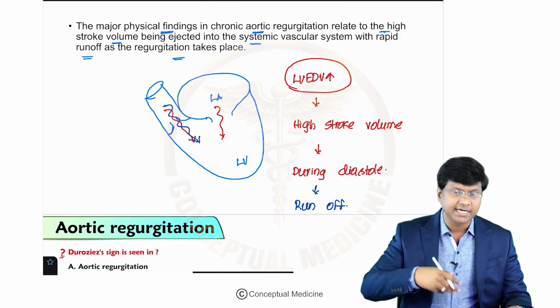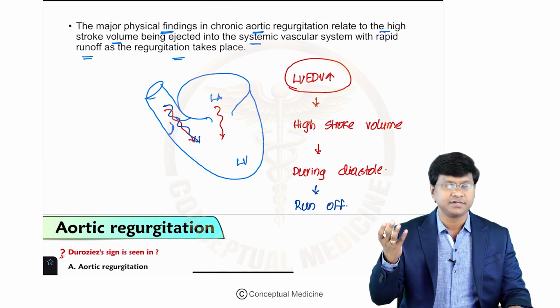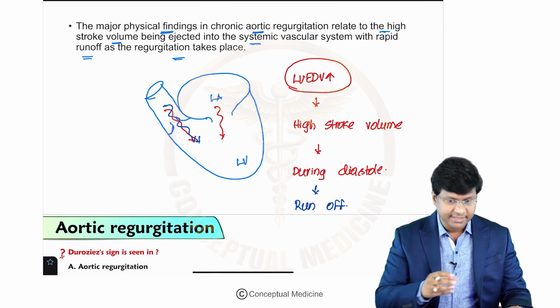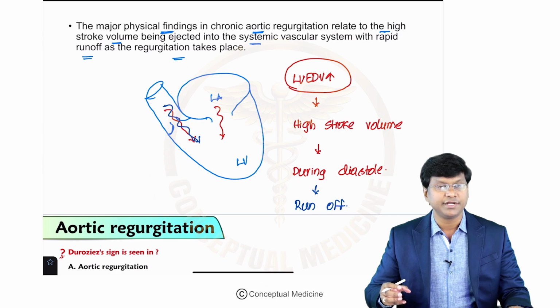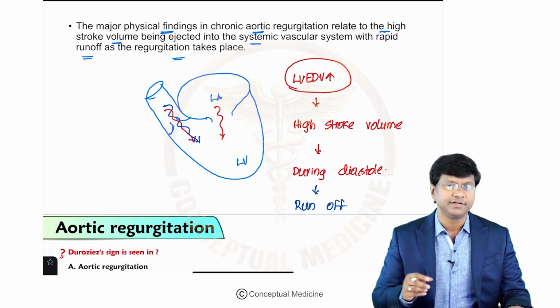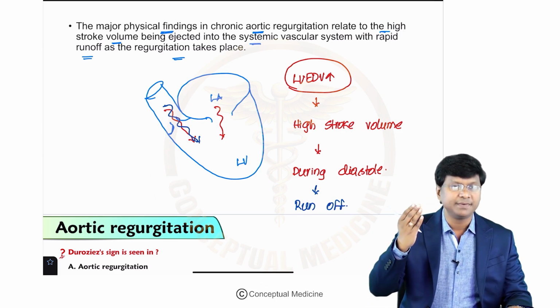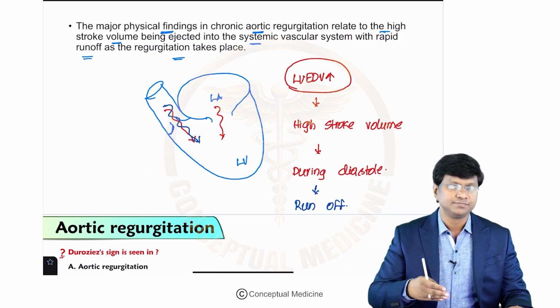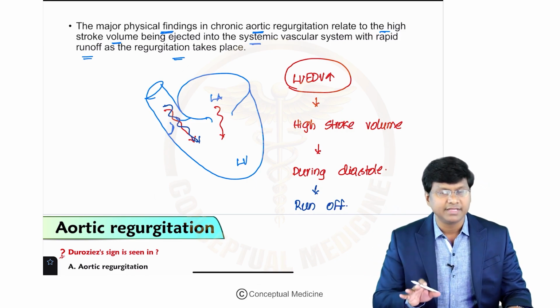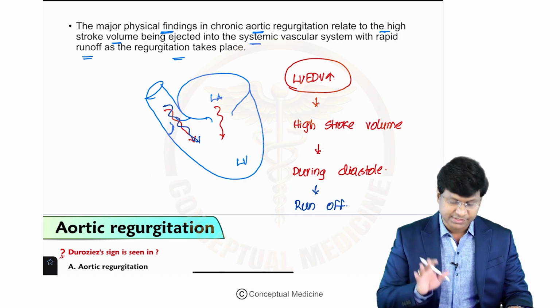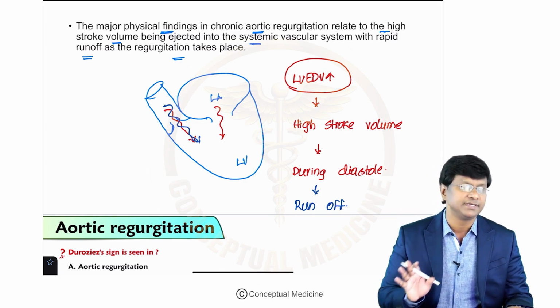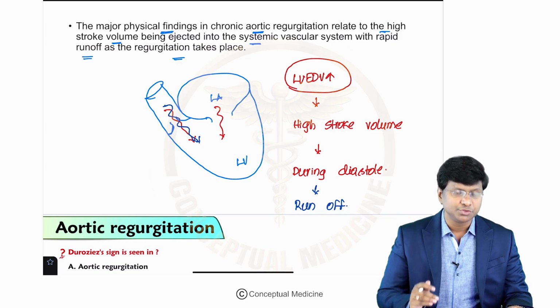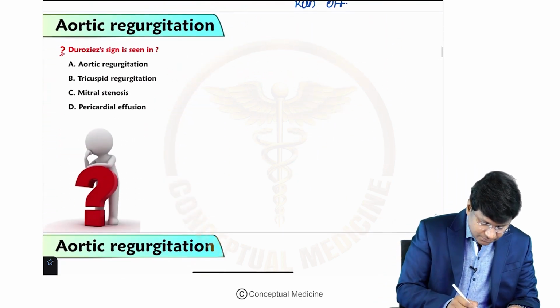During systole, a large quantity of blood enters the peripheral circulation, and during diastole, a similar quantity of blood regurgitates back into the left ventricle. So you will have a bounding pulse and then a collapse. The mechanism of all the peripheral signs which I am about to discuss is mainly because of this particular reason.